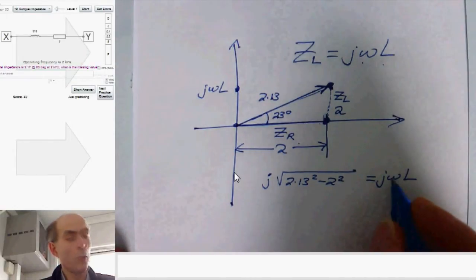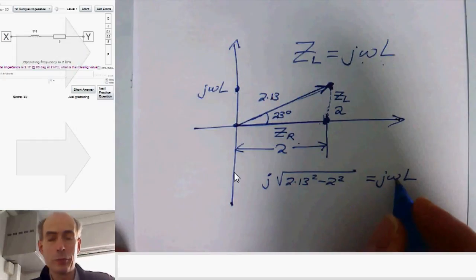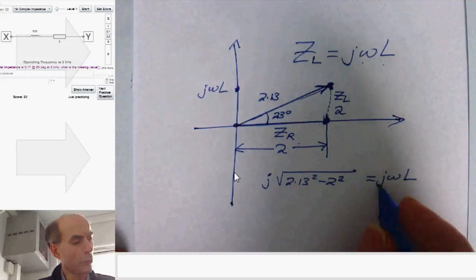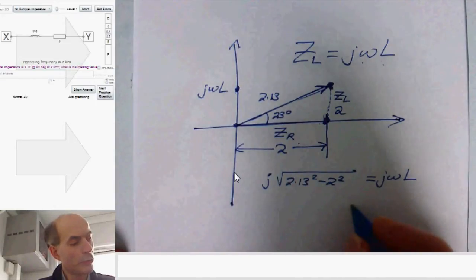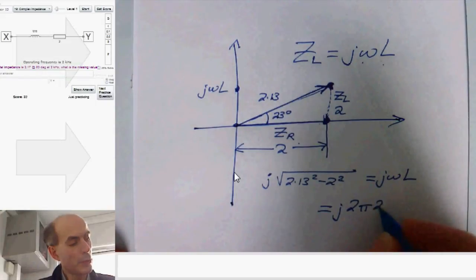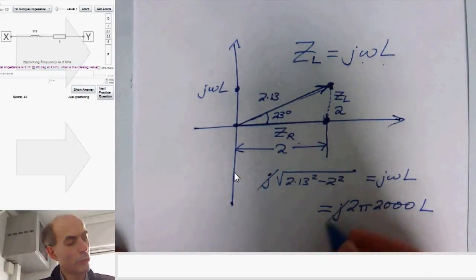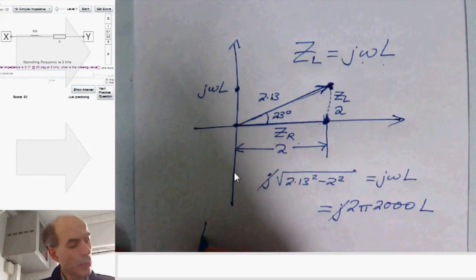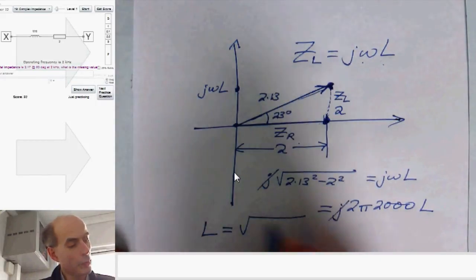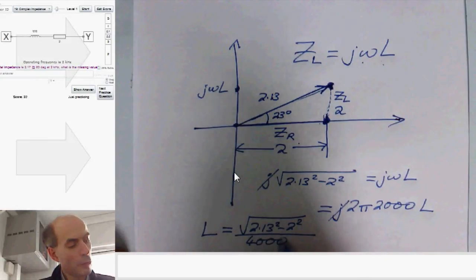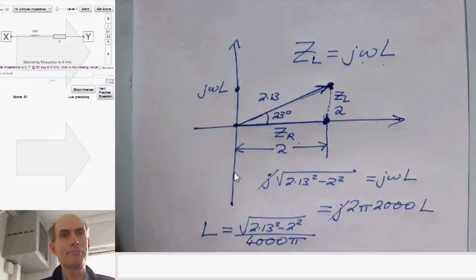I also know that omega is the angular frequency corresponding to 2 kilohertz. That's the frequency I was told. So I have that this equals J times 2 pi times 2000 times L. The J's cancel, and I'm just left with L equals the square root of 2.13 squared minus 2 squared divided by 4000 pi.